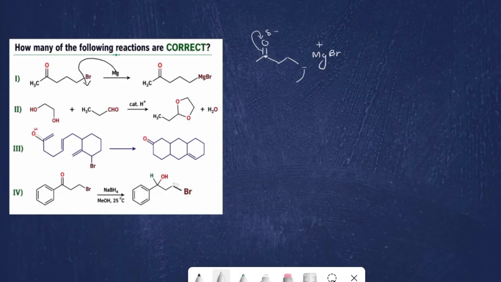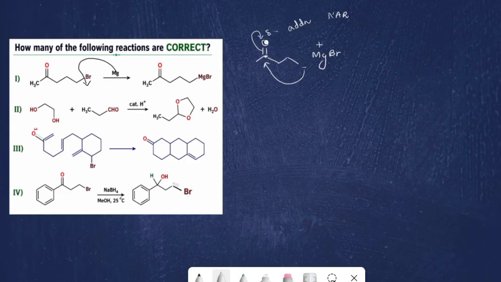Because this is electron deficient, within the molecule there is a Grignard reagent, so it will attack this carbonyl carbon and this will undergo addition reaction. Students, remember, aldehydes and ketones undergo nucleophilic addition reaction as they are electron deficient.